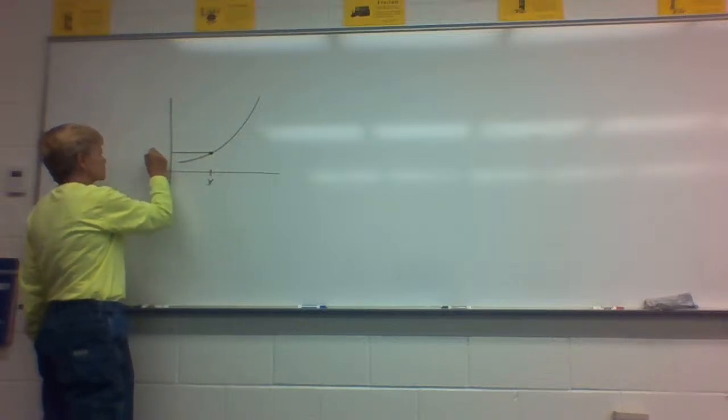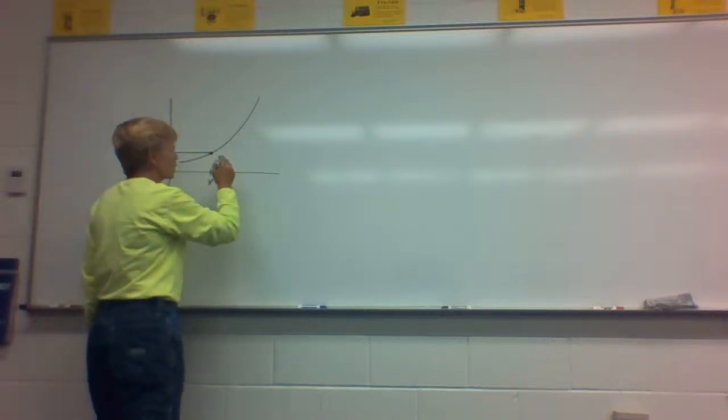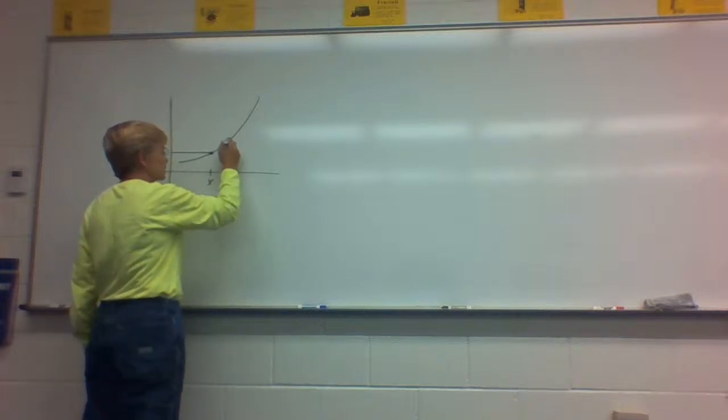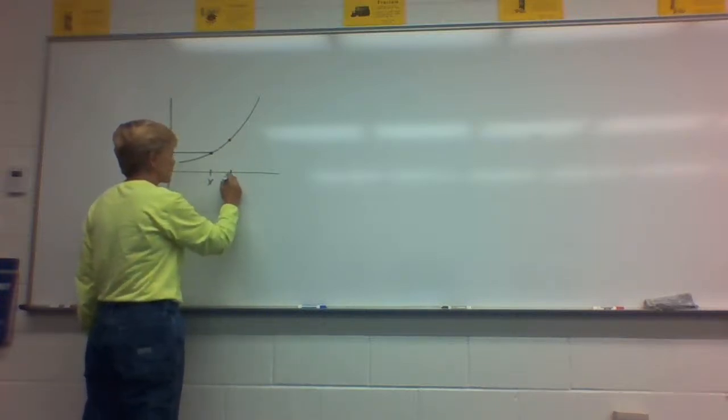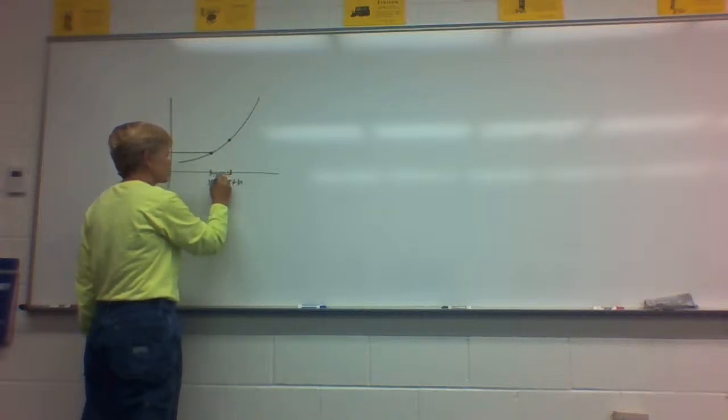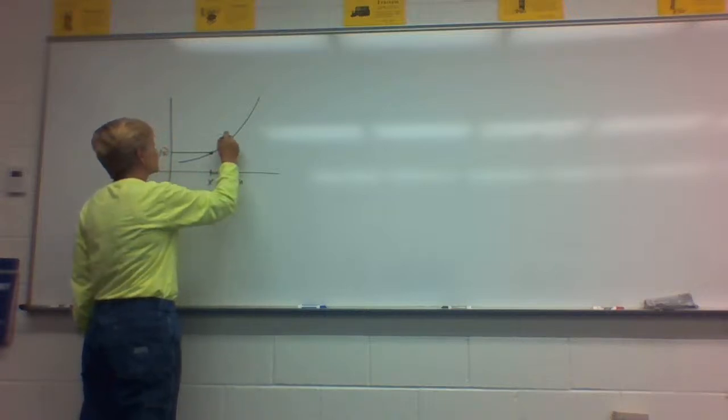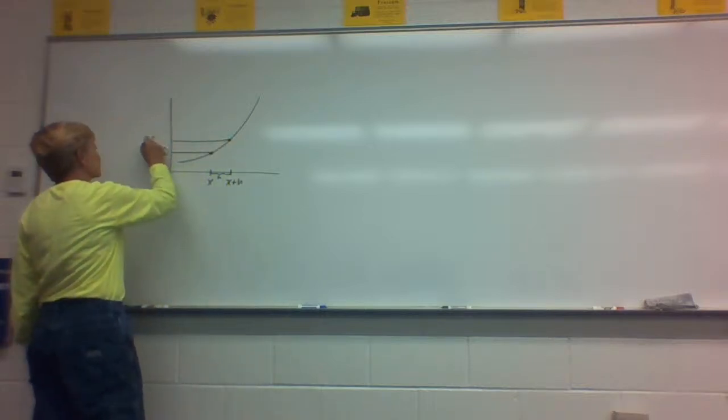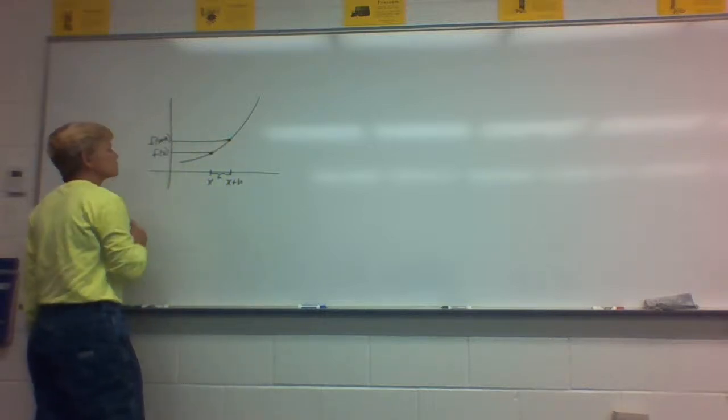to f of x. If I have another point, in order to use the secant idea of connecting 2 points, if I have another point here, and this location is x, just like this, only plus h, so that this distance is h, then this over here is f of x plus h.